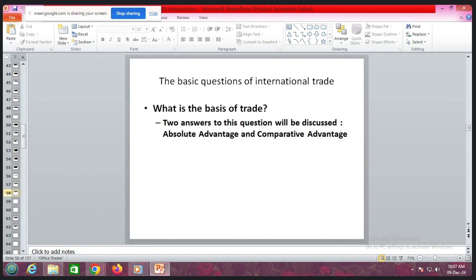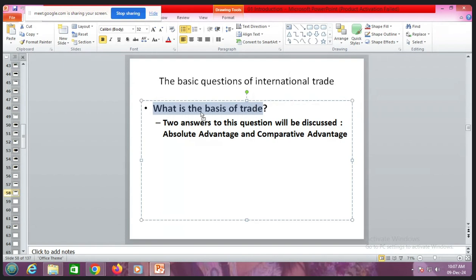Let us start understanding the basic questions of international trade. This one I have already explained to you. What is the basis of trade? This is one of the basic questions in international trade. Why does trade take place?